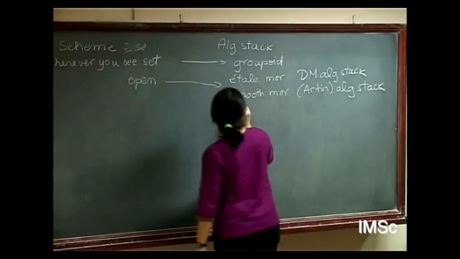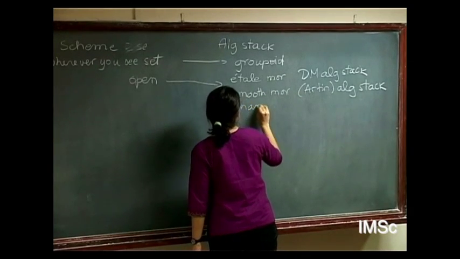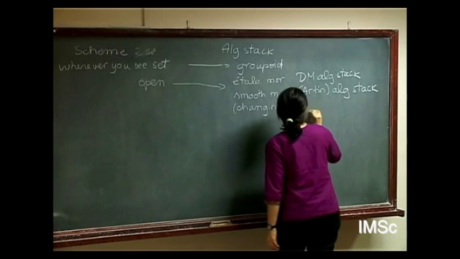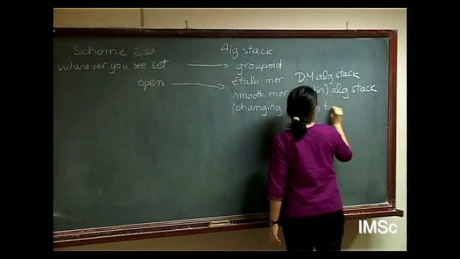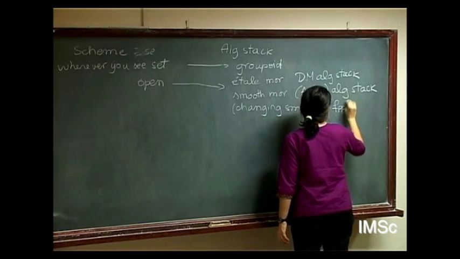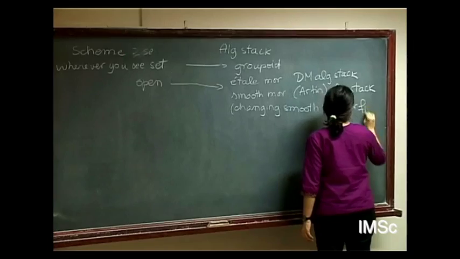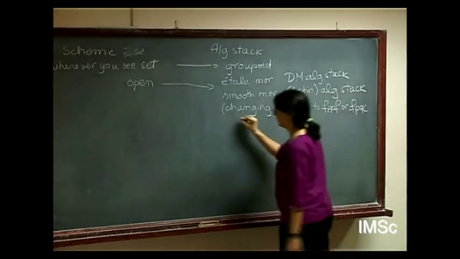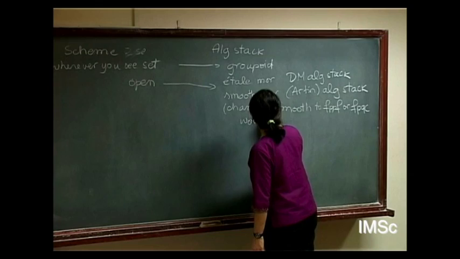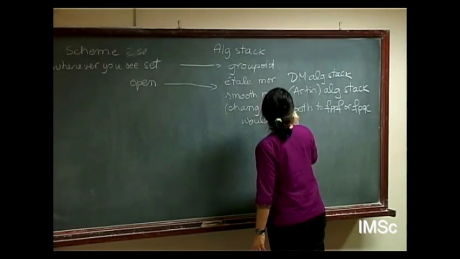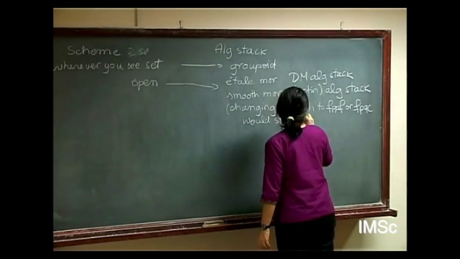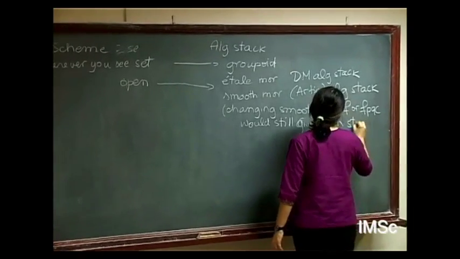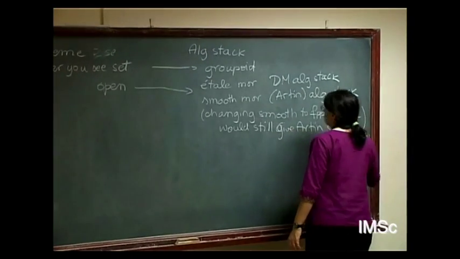So changing smooth to fppf or fpqc, whatever they mean, wouldn't change, would still give Artin stacks.